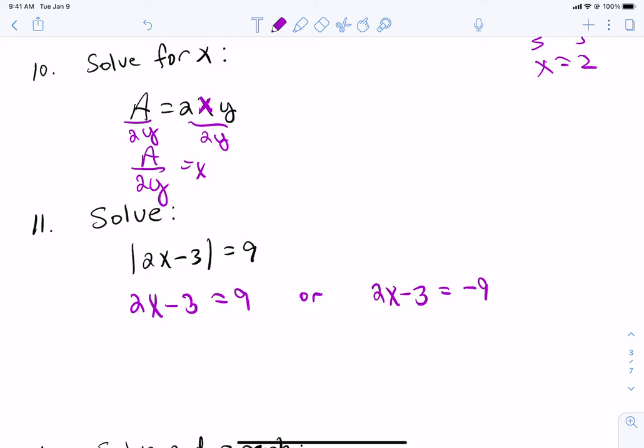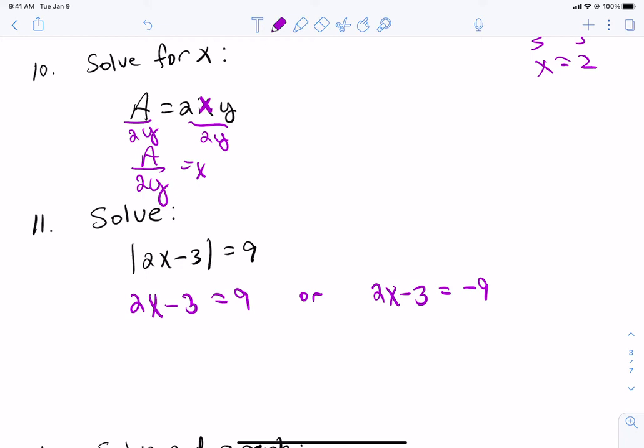Think of it as 2x minus 3 is a distance of 9 away on the number line. So I could go 9 in the positive direction or 9 in the negative direction. Absolute value represents a distance, so I can go either direction to get there. So the 2x minus 3 stays fixed, and then the 9 represents that distance. So you go positive or negative there.